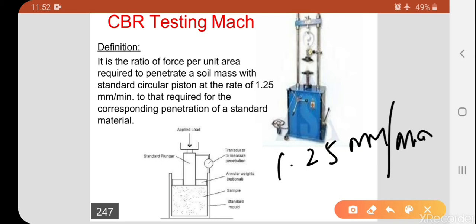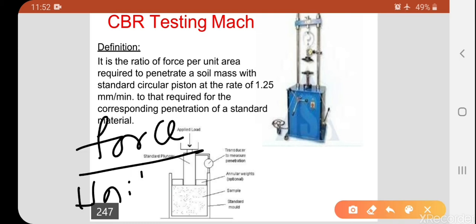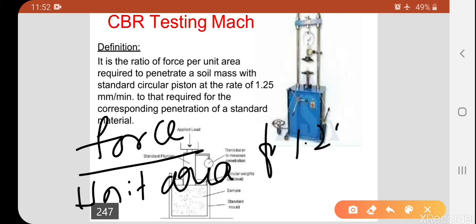It is the force required to penetrate in a unit area for a penetration of soil mass with a piston at 1.25 mm per minute. Ratio of force per unit area for 1.25 mm per minute.